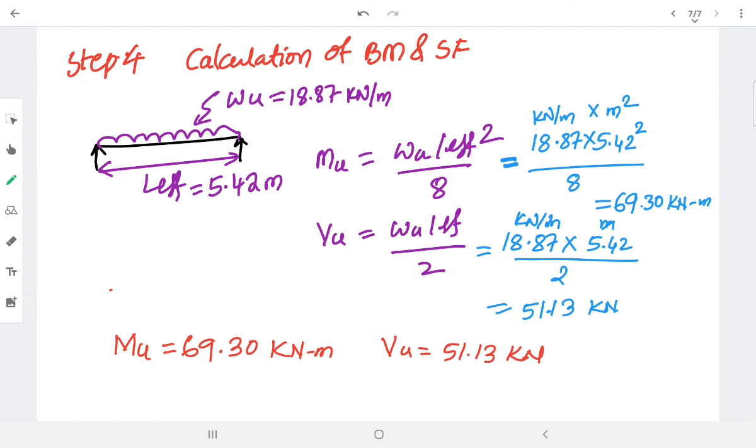In the next video we'll be calculating the reinforcement required to resist the bending, the steel or stirrups required to resist the shear force, as well as sufficient deflection strength of the beam. And we'll do the detailing also. Before that we'll be discussing whether this beam is singly reinforced or doubly reinforced, and how to find out singly and doubly reinforced beam in the next session.